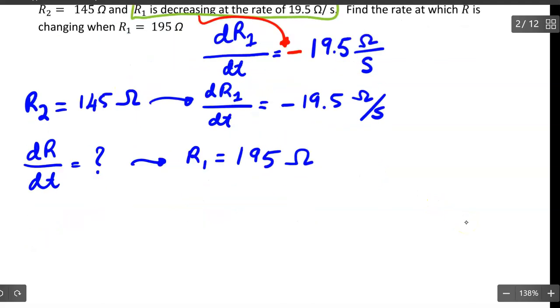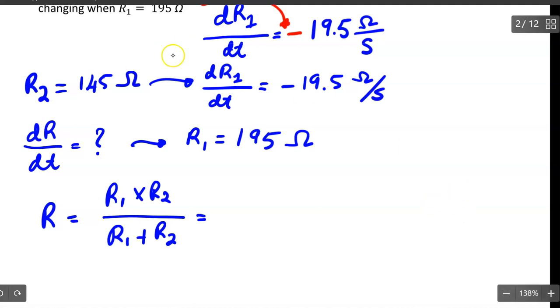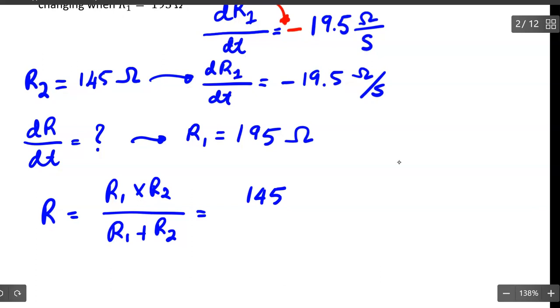Okay, so I will have R equal to R1 times R2 divided by R1 plus R2. Alright, okay, so R2 is 145, affecting the change in this variable R1. So that means I am going to put 145 times my R1 divided by R1 plus 145.